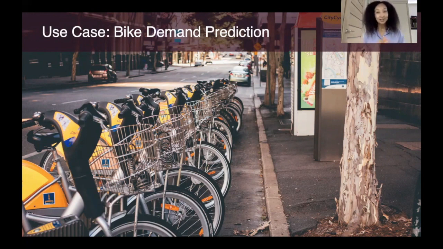And I like this dataset because this is a regression, and it's very intuitive. We have a lot of data about seasons, about weather, about holidays, and based on this data, we need to predict how many bikes will be taken for rent during each hour. Okay, so I trained a model before, and all the plots I will be showing you later will be created based on this dataset.